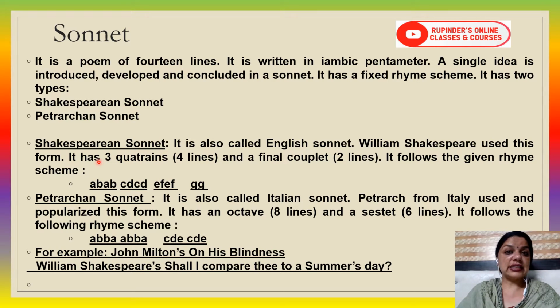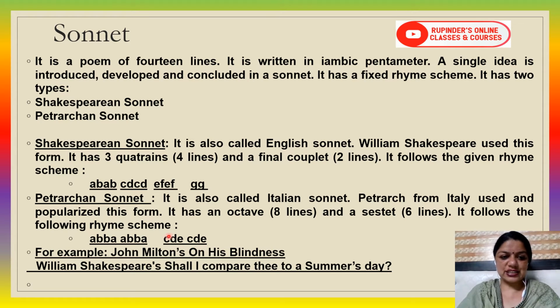It means it has 3 stanzas of 4 lines each. So this octave means 8 lines, and a sestet, that means a stanza of 6 lines. So it follows the following rhyme scheme. We have A, B, B, A, then A, B, B, A. This is octave, and C, D, E, C, D, E.